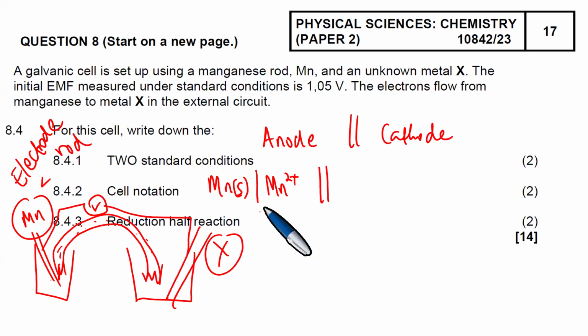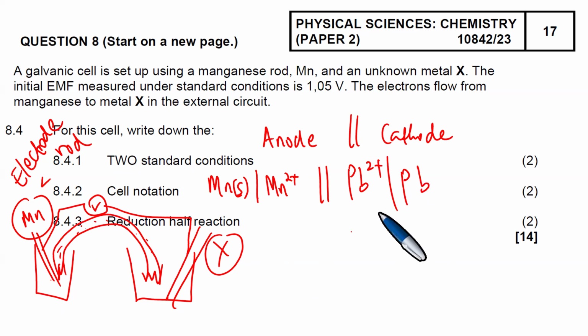And then you have the solution, which is the manganese ion. You have your salt bridge, and we put the 2 lines here. And then you come to the solution, lead 2 plus, and then lead.